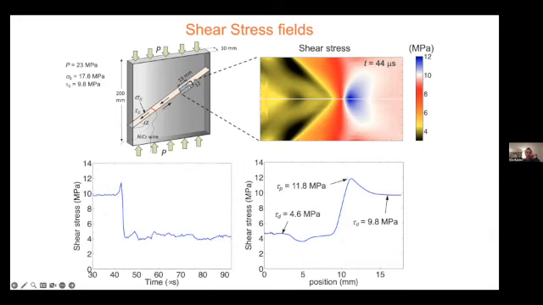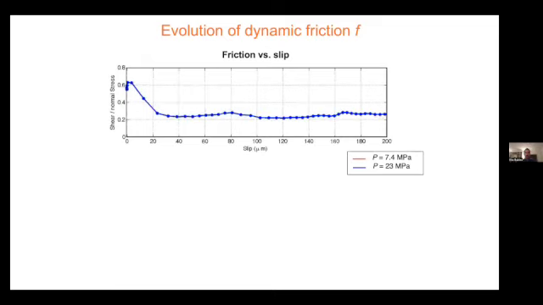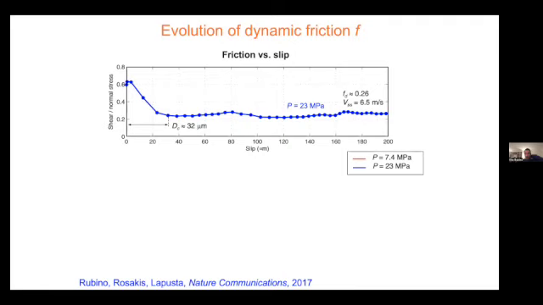We can then trace what happens at a point along the interface, so we can trace the time history, and we can do the same for the normal stress. Once we take the ratio, we have friction. If we plot friction versus characteristic variables such as slip on the interface, this is what we get: a characteristic decay slip distance, and then a characteristic dynamic friction coefficient.